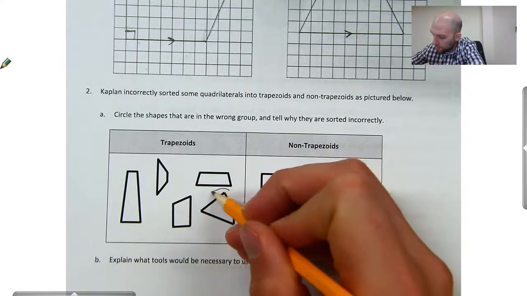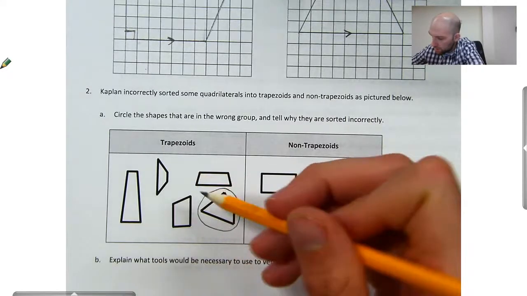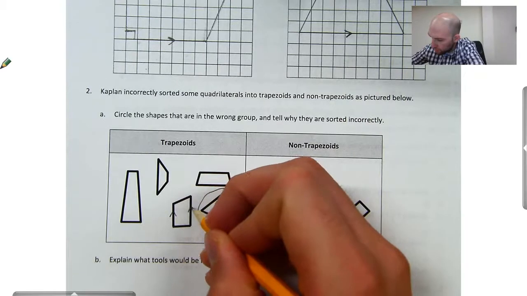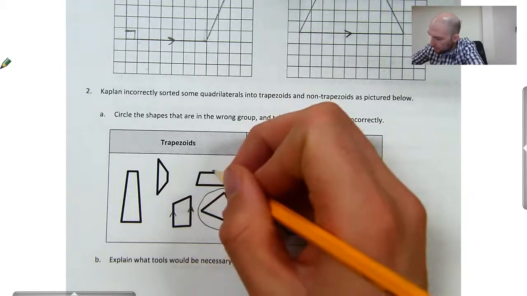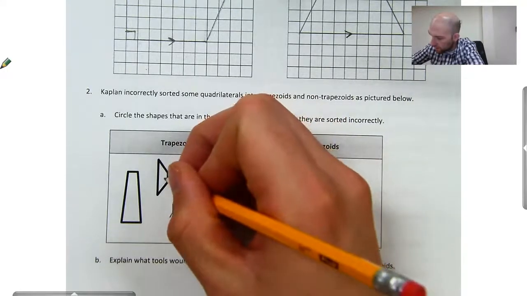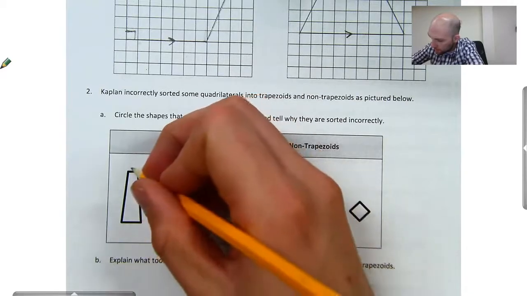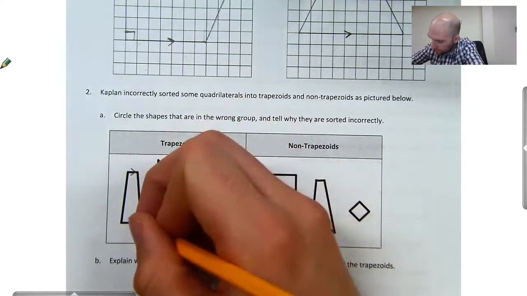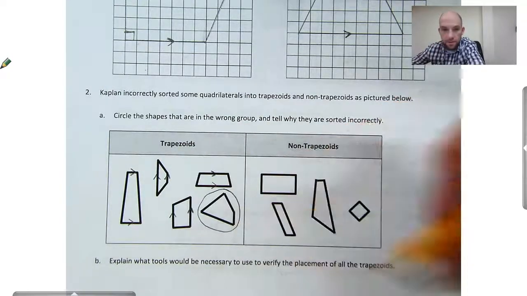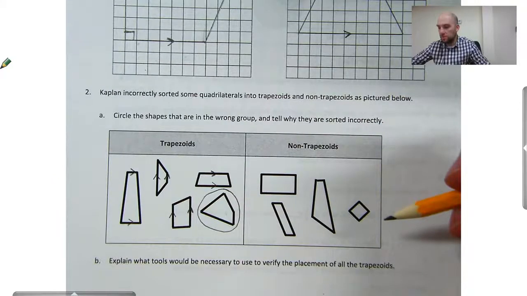I don't think this one has a set of parallel sides. This one has two sides that are parallel. This one has two sides that are parallel. Looks like this one does, and it looks like this one does as well. So these all look pretty good aside from that one right there. That one we're going to circle because that one's not a trapezoid.